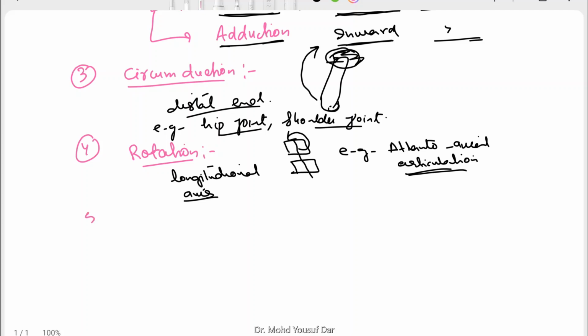Now the last one is supination and pronation. First, supination.